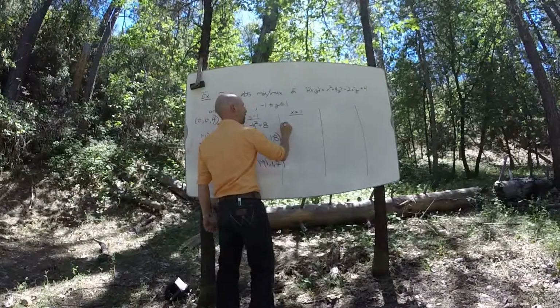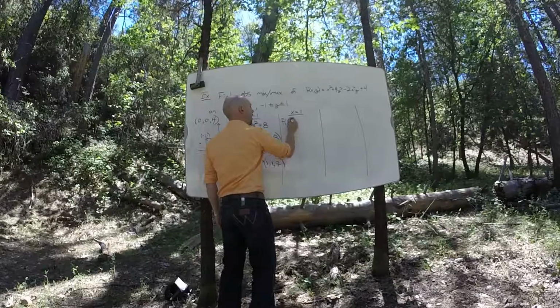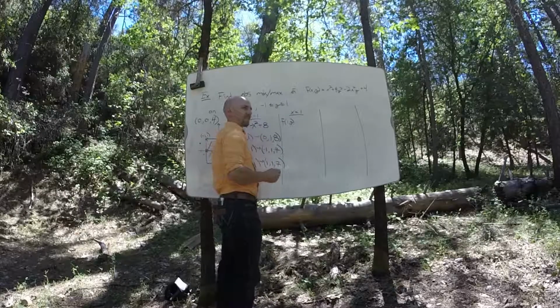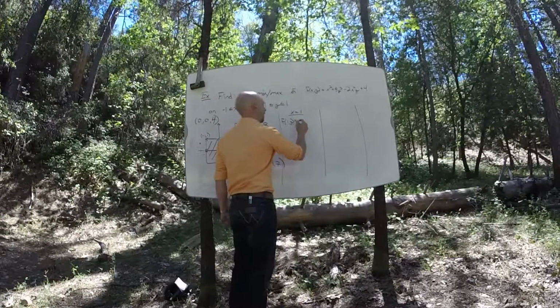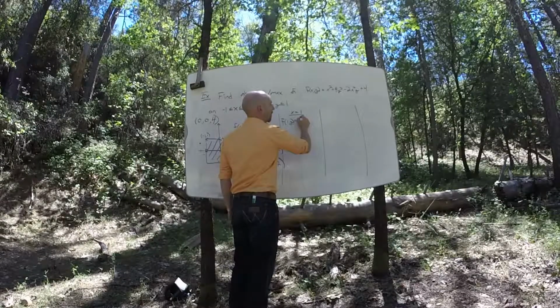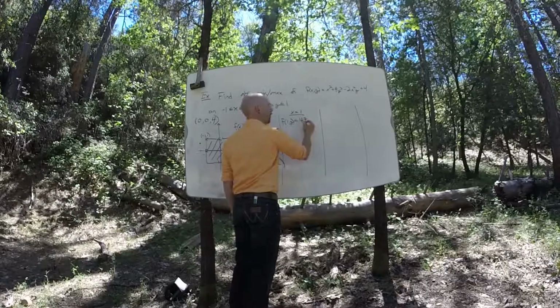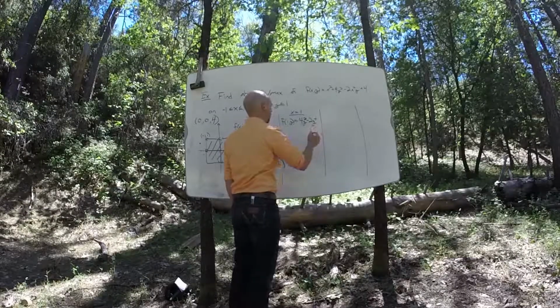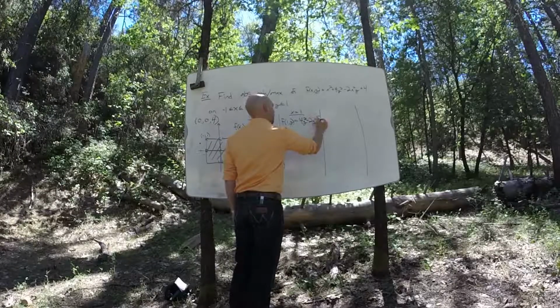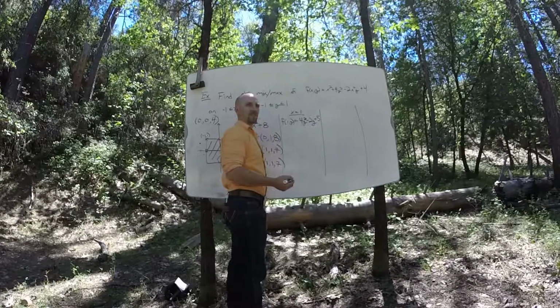So when x is 1, I'm looking at f of 1 and y. That's going to be 4y squared minus 2y plus 5.